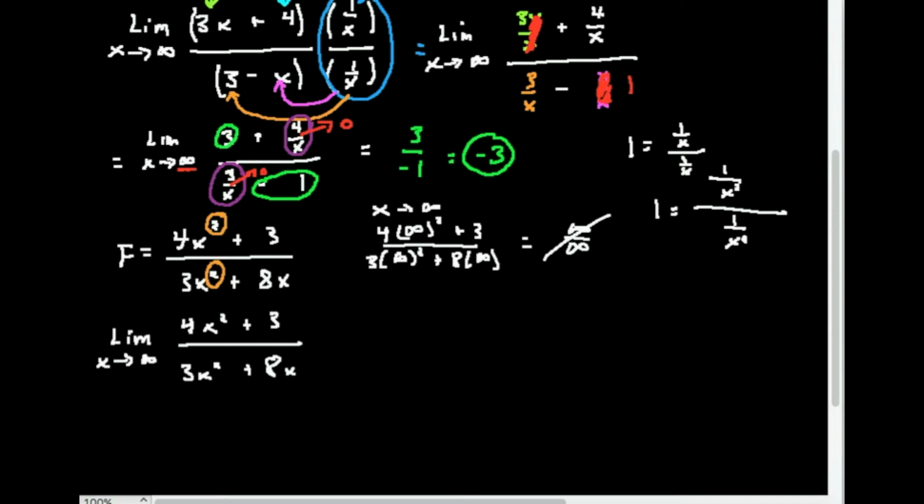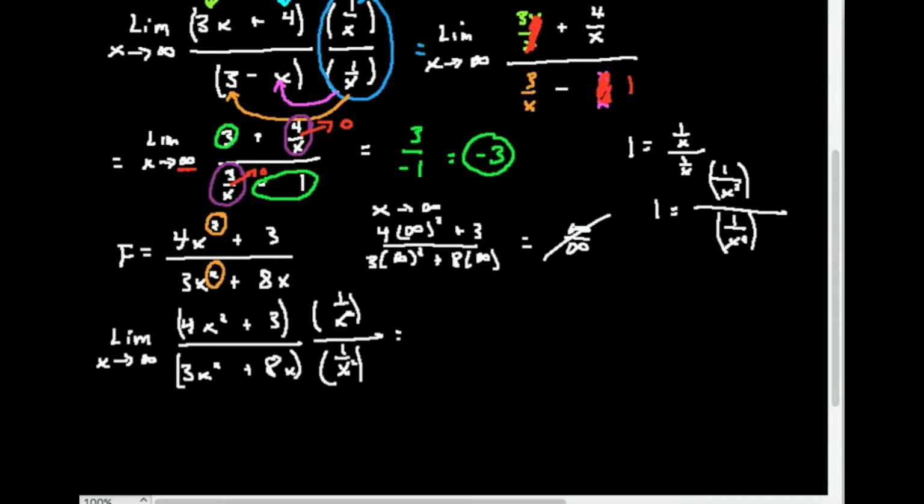The answer is yes. I have the same thing in the numerator that I have in the denominator. It's the same thing as dividing 6 by 6. It's still 1, okay? So I'm allowed to multiply both the numerator and the denominator by 1 over x squared divided by 1 over x squared. All right?